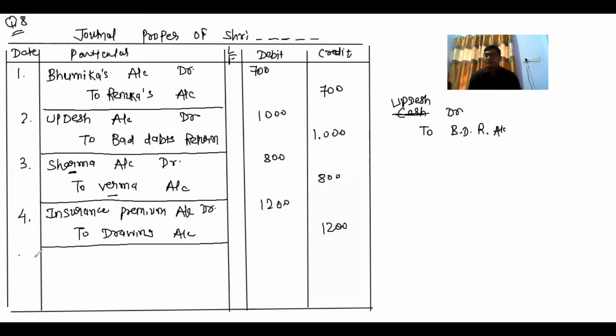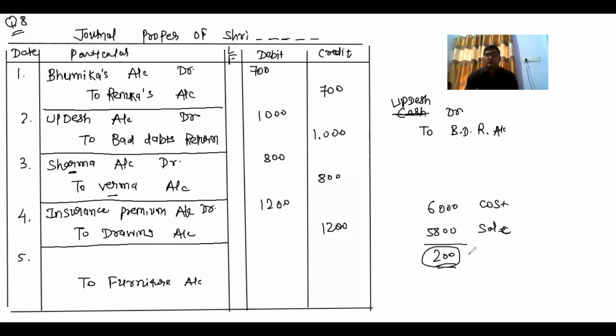At last, point number 5. Old furniture of 6000 sold for 5800. Here, furniture is what we have sold, so furniture account credit. Furniture costing 6000 sold for 5800 means cost 6000, sale value 5800, so in this transaction we actually have a loss of 200.